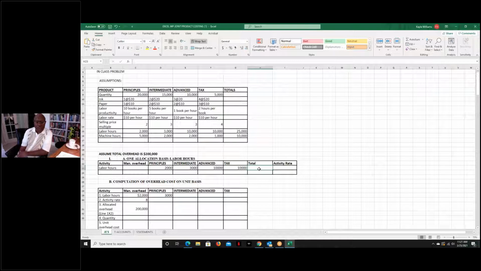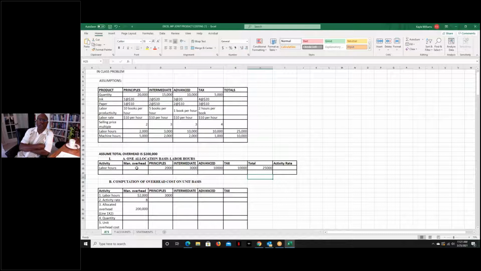And what was our total overhead? Total overhead is 200,000. Total labor hours is 25,000. So put your 200,000 in as a dollar amount.